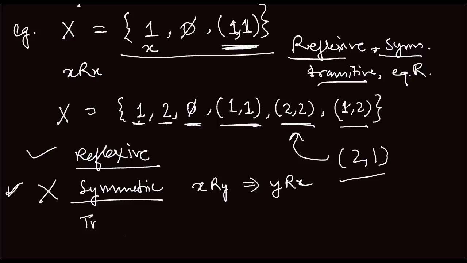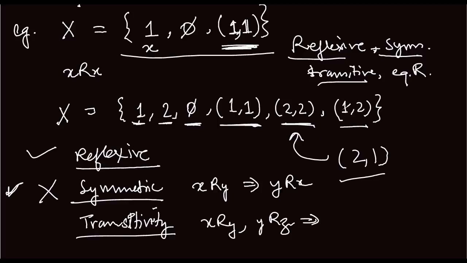Now for transitivity, if we have xRy and yRz, then we must have xRz. Let's say if we have (1, 2) and if we have (2, 2), then we must have (1, 2). We have it.